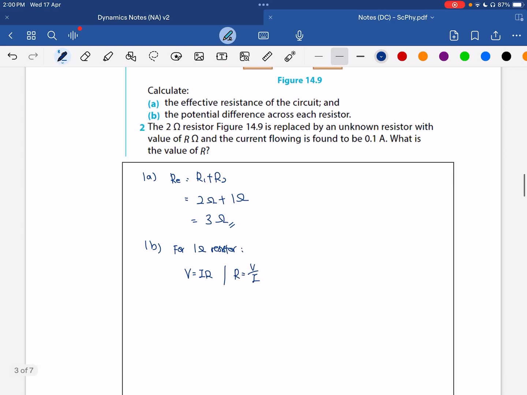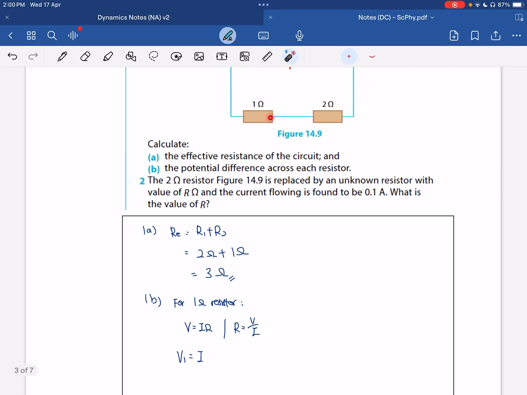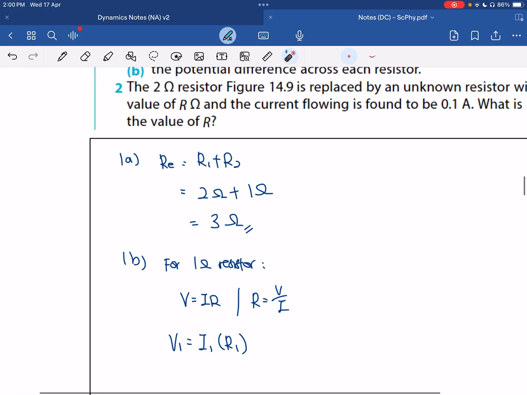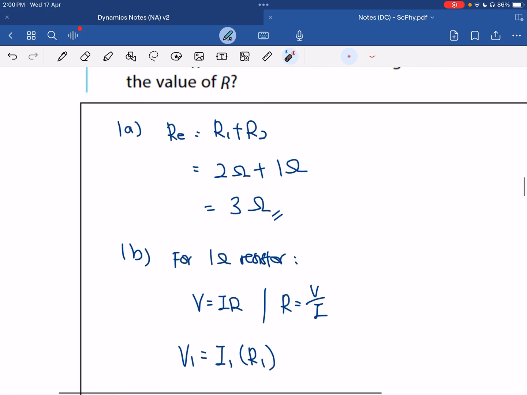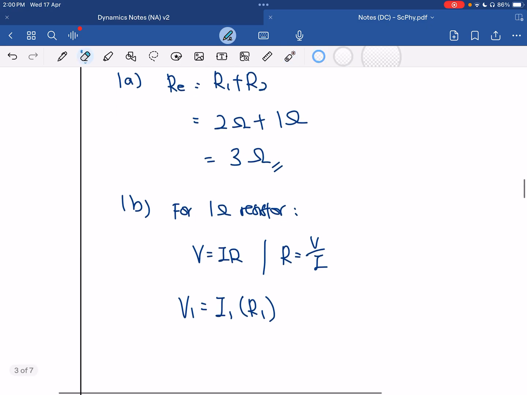Doesn't matter, the same thing. So if I want to use V equals IR, V1 equals the current running through the first one times the resistance of the first resistor. Sorry, the 1 ohm resistor is R2, because of what I defined just now.